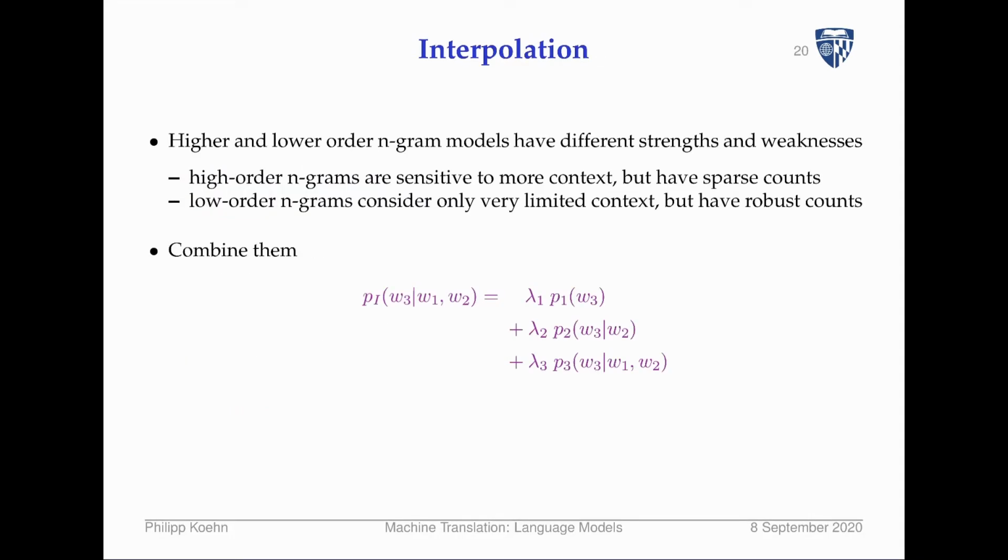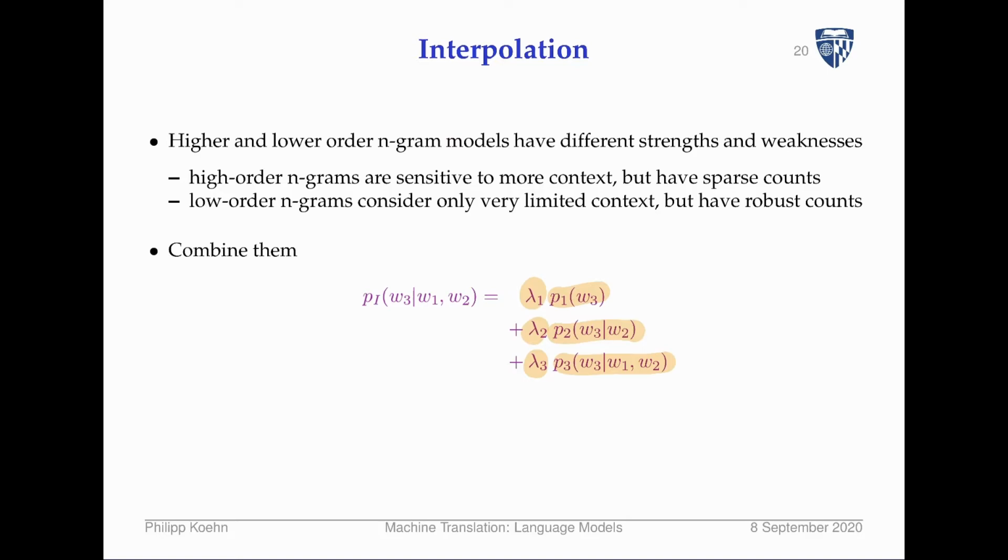The first naive idea is to just interpolate. The higher and lower order n-gram models have different strengths and weaknesses. The higher order n-gram models are sensitive to more context, but have sparse counts. The lower order n-grams consider only very limited context, but have robust counts. So if you combine them, we literally just weight the unigram language model, the bigram language model, and the trigram language model with these lambda values.